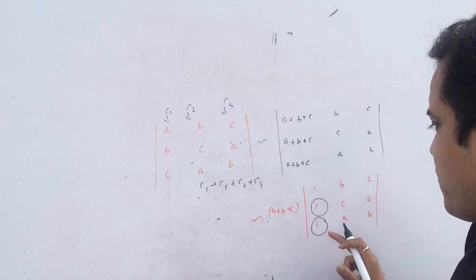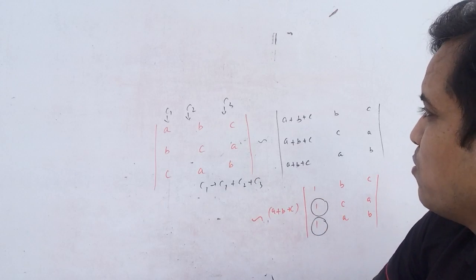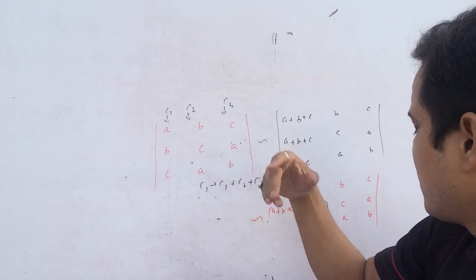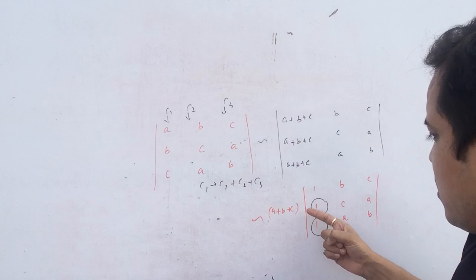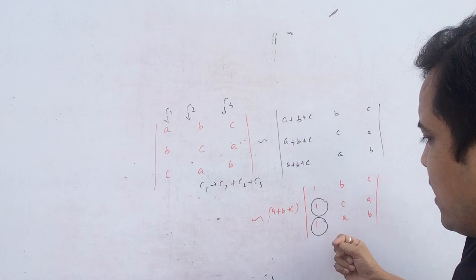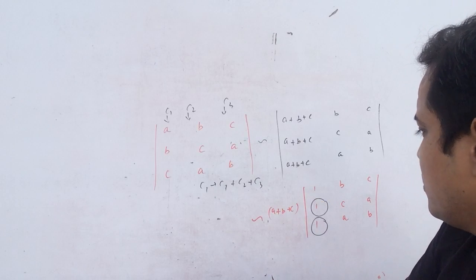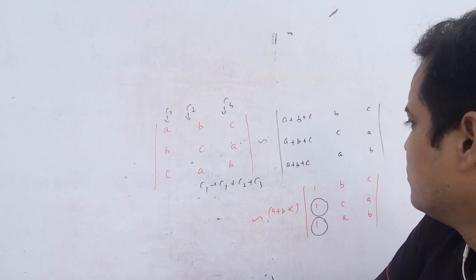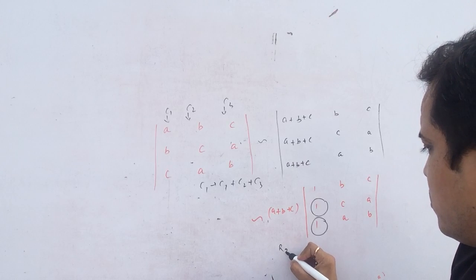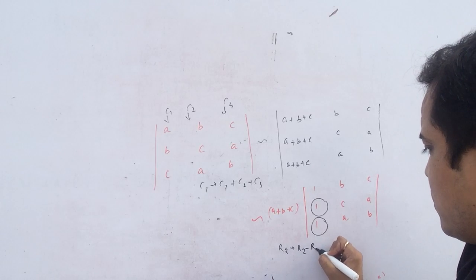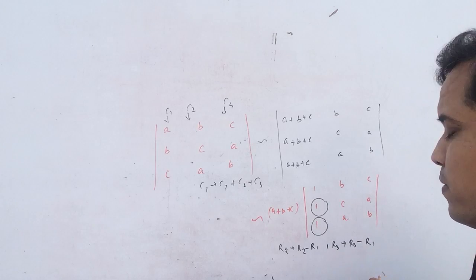How would you make this? I thought I told you C2, I think that is wrong. I think this is R: R2 changes to R2 minus R1 and R3 changes to R3 minus R1.